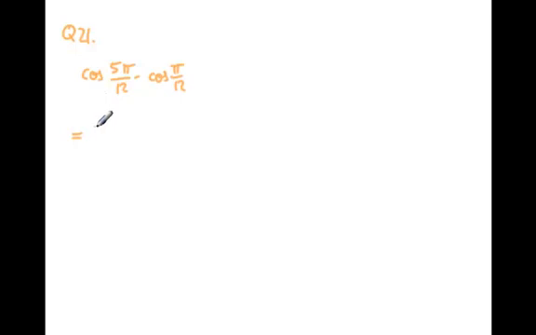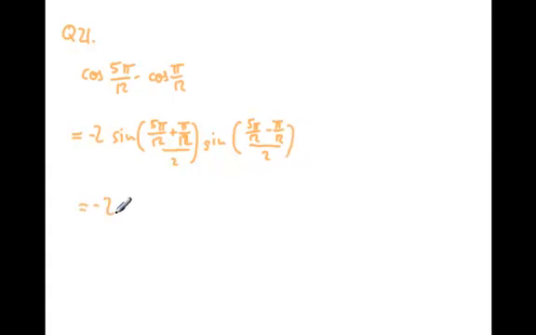So that's going to be negative 2 sine of 5 pi over 12 plus pi over 12 divided by 2, times sine 5 pi over 12 minus pi over 12 divide by 2, parentheses, equals -2.